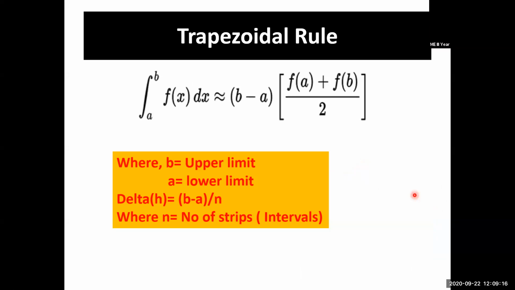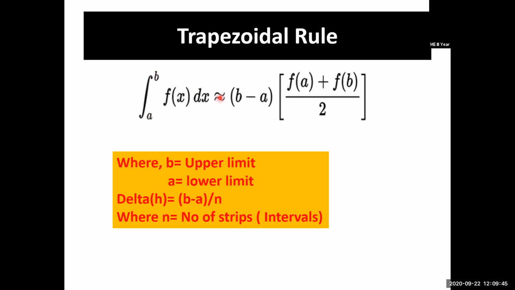The trapezoidal rule is something you have learned in mathematics. The integration from a to b of f(x) dx, where a is the lower limit and b is the upper limit, and f(x) is our function, maybe a cubic equation, binomial equation or another function. You have to integrate that function from the lower limit to the upper limit.